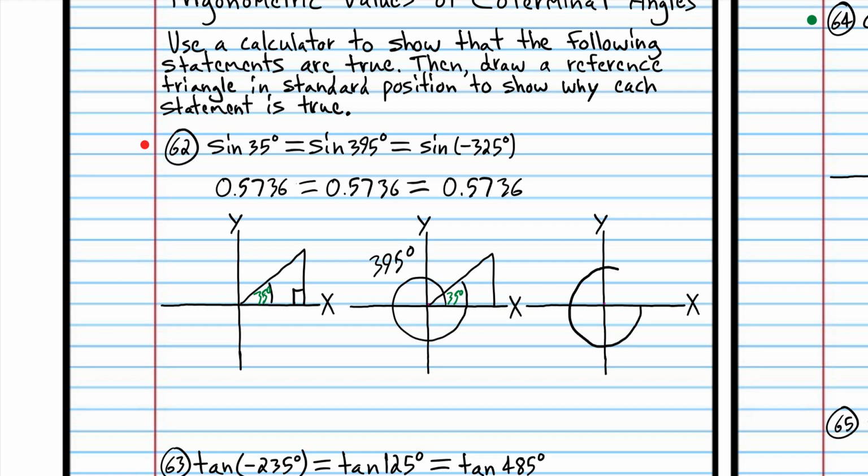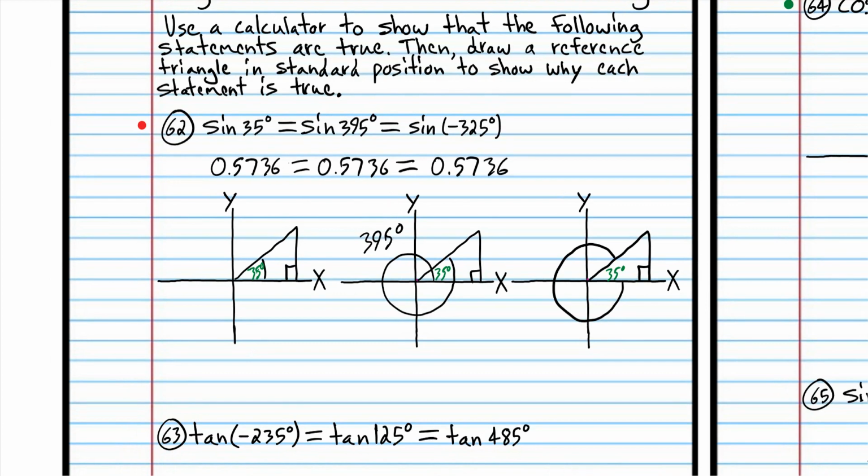And looks like it's going to get us in the same position. So the reference angle again is 35. So because we're in the same quadrant, quadrant 1, and the reference angle is 35, that means that the values of any trigonometric function of these angles, they should all be equal because these are coterminal angles. So we just happen to be using sine in this example.